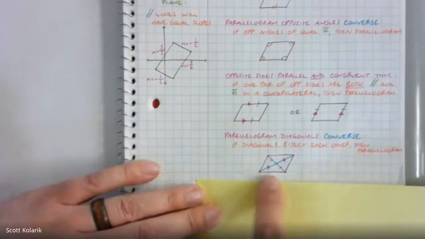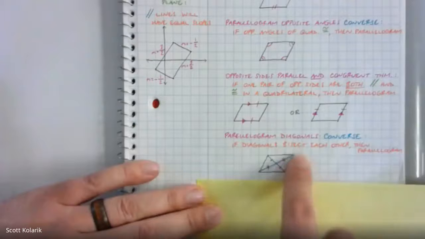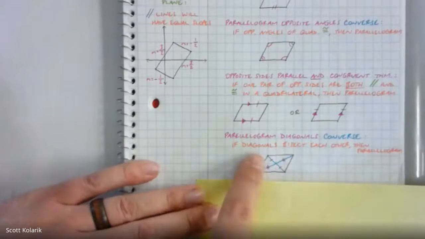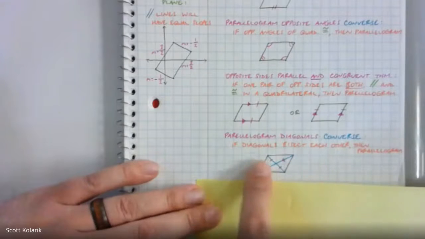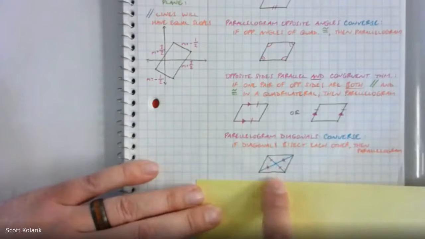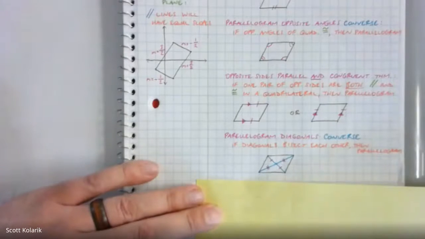In this case, if I have some four-sided figure like this one here, and instead I know that the diagonals bisect one another, or they chop each other in half, that's going to force this four-sided quadrilateral to then become a parallelogram. Okay, again, flip side of the same coin. In section 2, parallelogram means diagonals bisect one another.